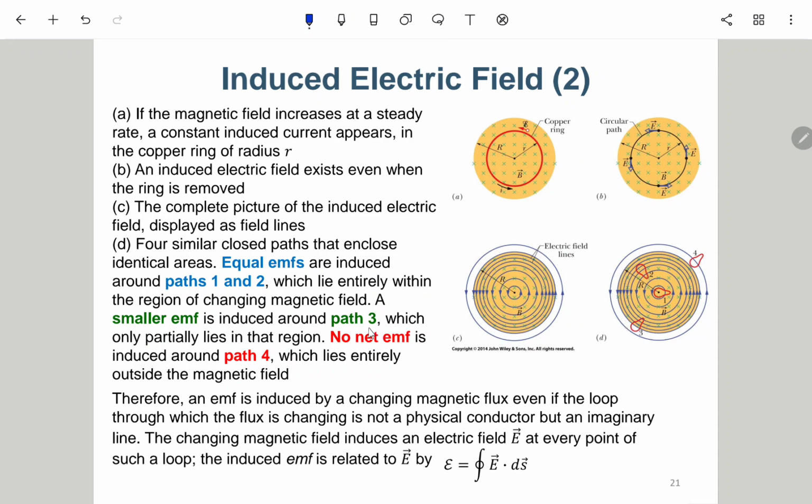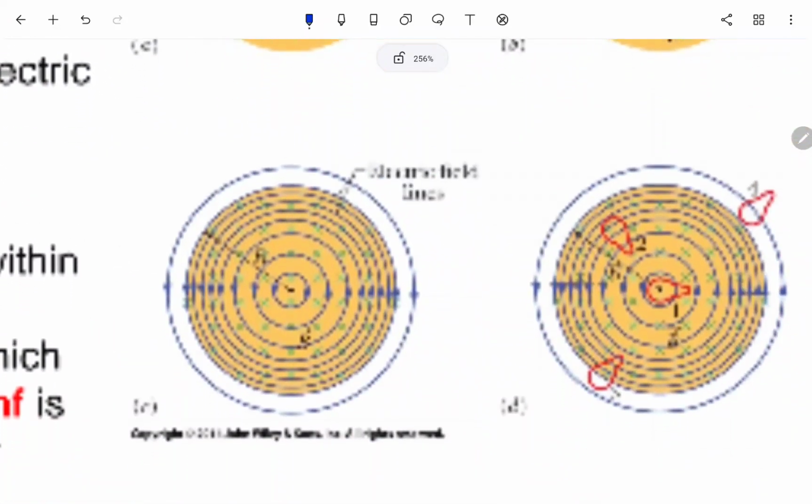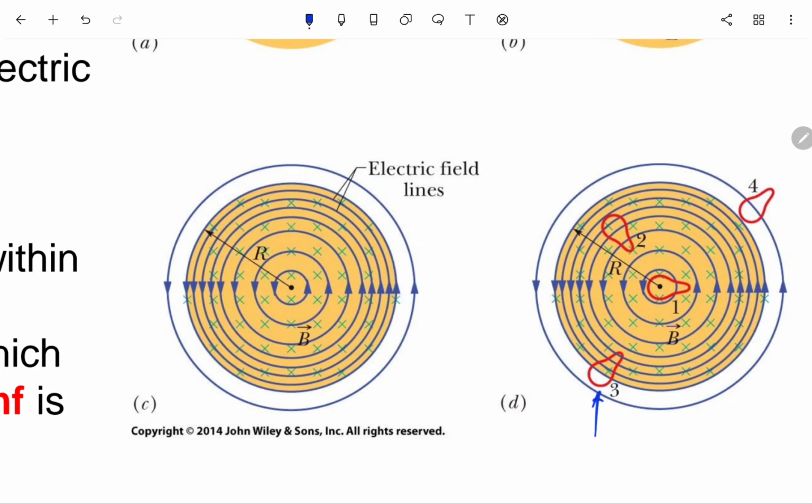For path 3, there is a smaller EMF because part of the area is outside of the B field. We assume there is a uniform, constantly changing B field in this yellow area.